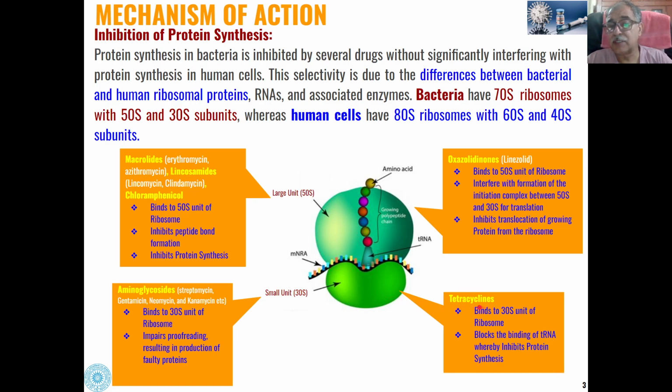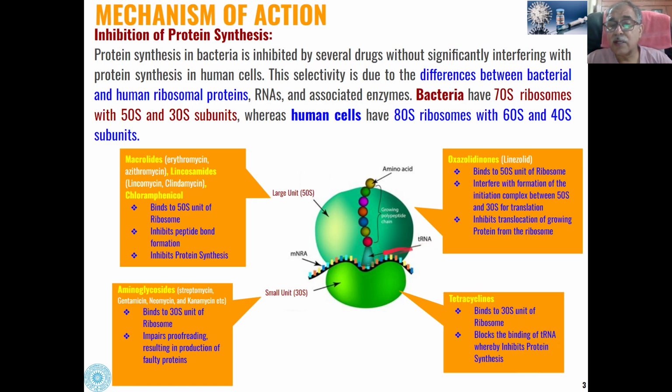For example, tetracyclines, as I've told you, will bind to the smaller subunit, that is the 30S subunit of the ribosome. After binding, they will block the binding of tRNA.